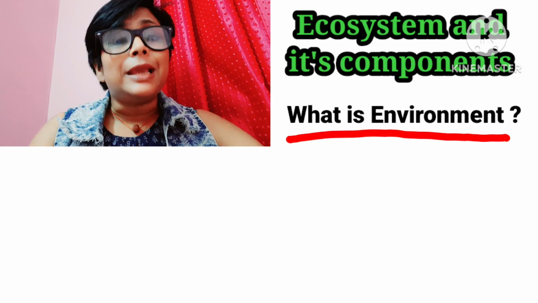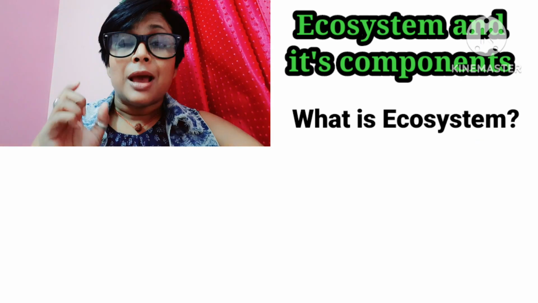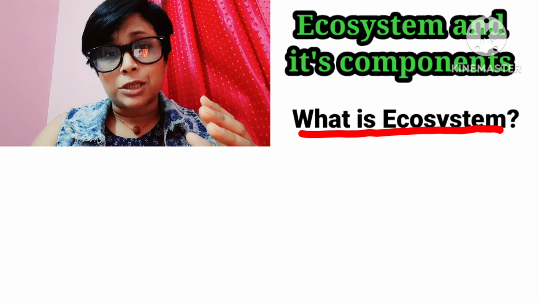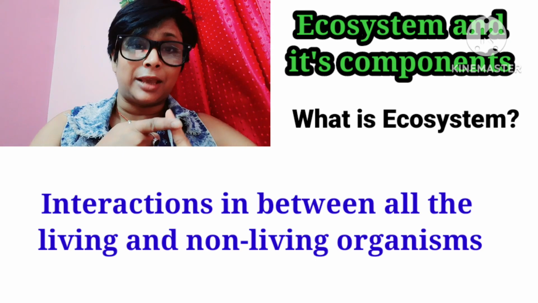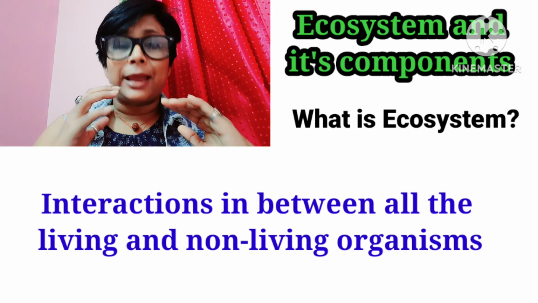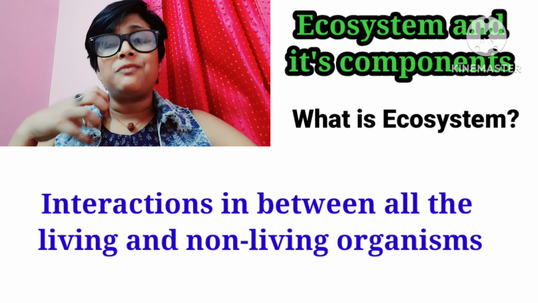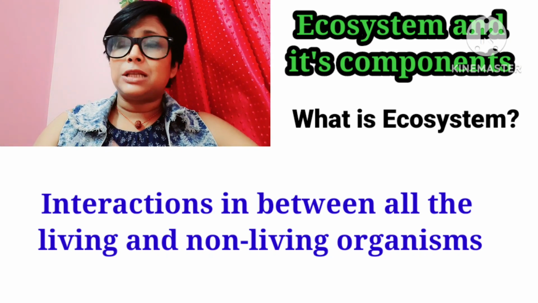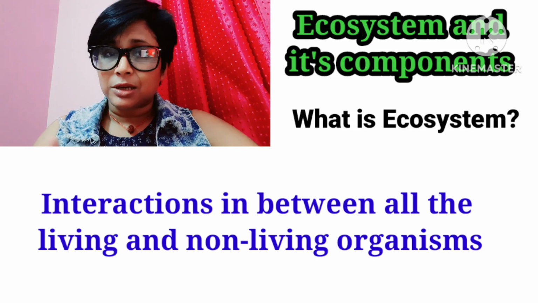And what is the ecosystem? The ecosystem is a system that is built up with the interactions of all the living and non-living things around an organism, right? If I am staying in this area, here I have some interactions with all the living things as well, like human beings, mosquitoes, trees and all.